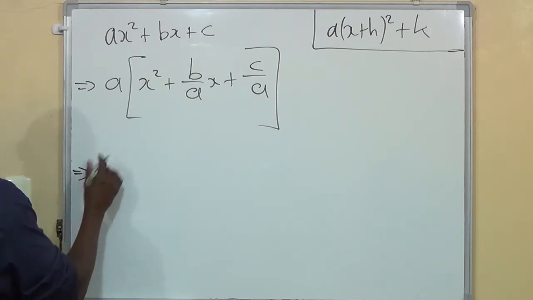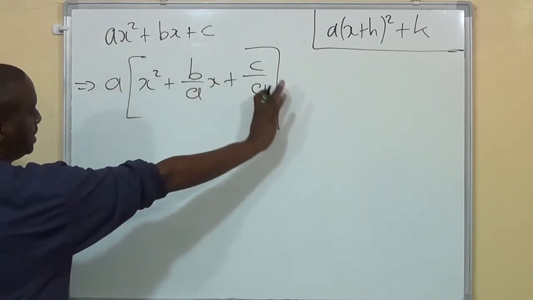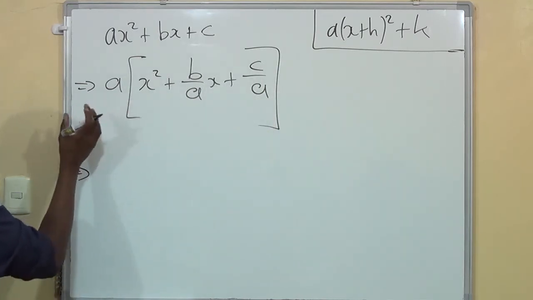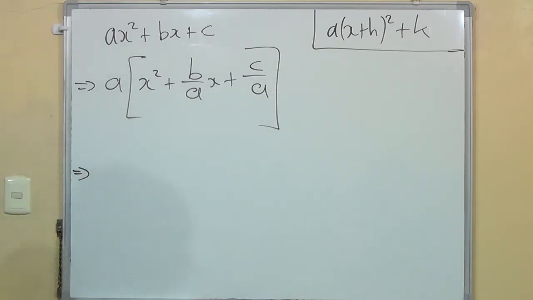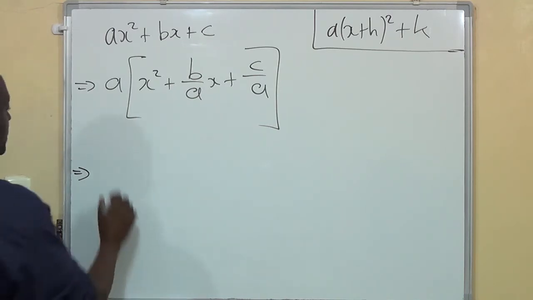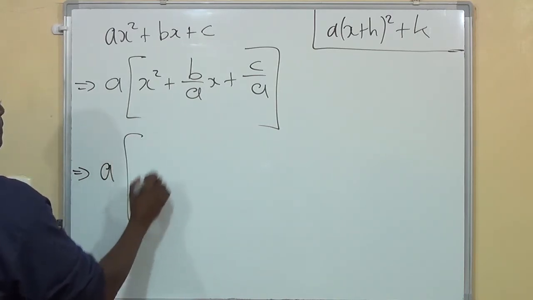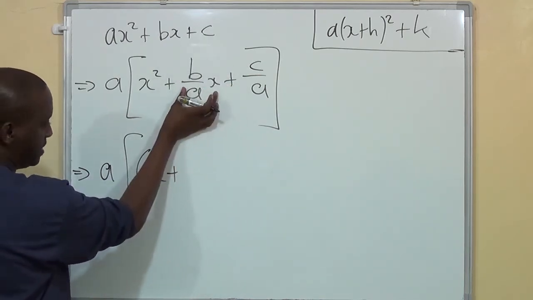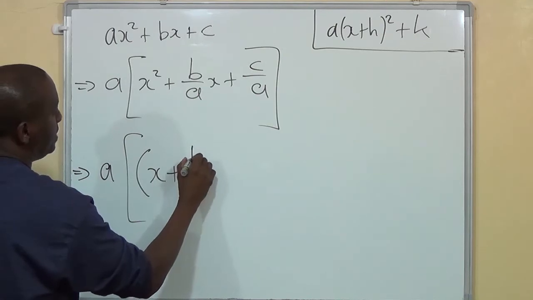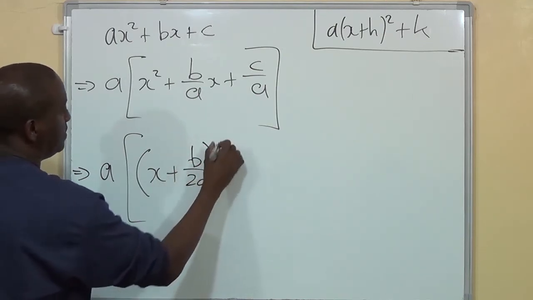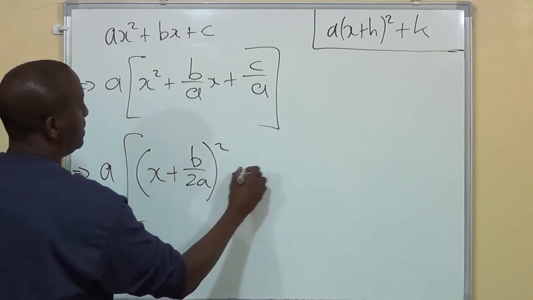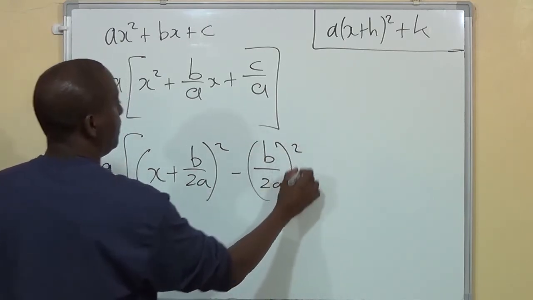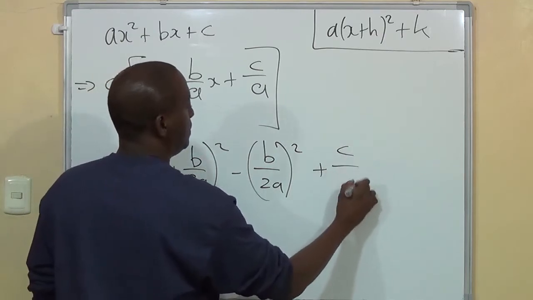So we do the arithmetic manipulations inside here. We keep the a outside, and then we will multiply the a back at the very end to get the final answer. So this will be a into, square brackets now, x plus, we're taking half the coefficient of x here, x plus b over 2a squared, minus b over 2a squared, plus c over a.